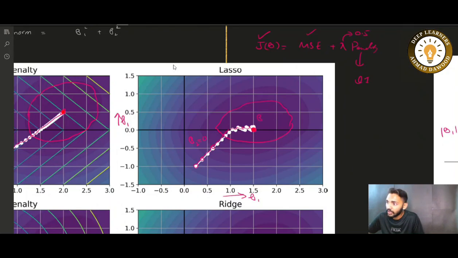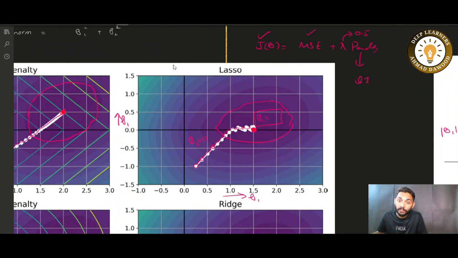Here you will have some value for theta. So you can see that in the case of L1 penalty, some parameters are of lesser magnitude compared to other coefficients.